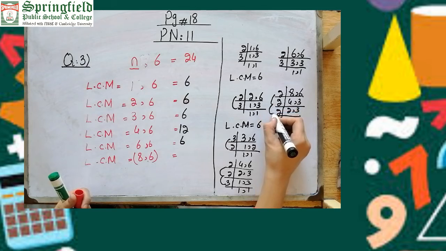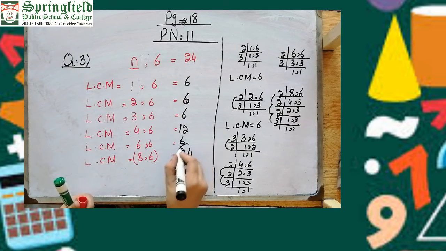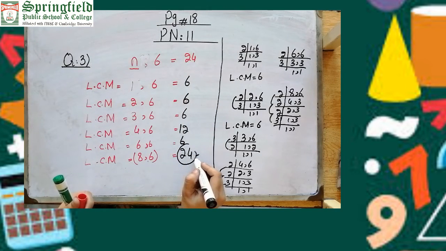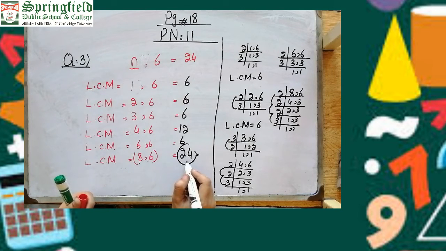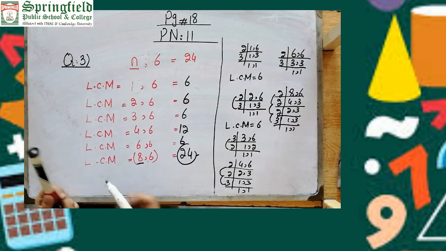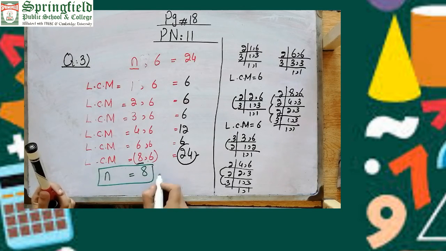So 2 2s are 4, 4 2s are 8, 8 3s are 24. It means 24 has come. We will stop here as they are saying the LCM of n and 6 is 24. So what is the value of n when 24 has come? n is equal to 8, and this is the smallest value of n. This is your answer.